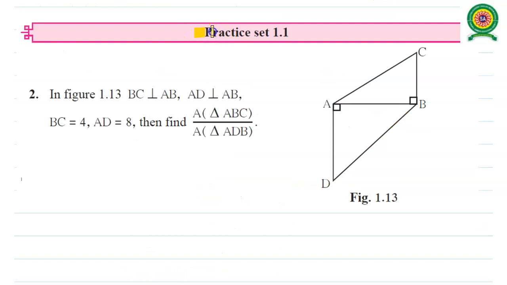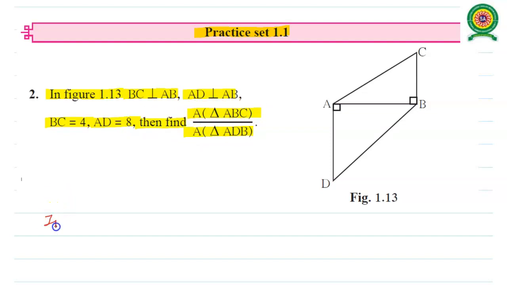Now look at question number 2 from practice set 1.1. In figure 1.13, BC is perpendicular to AB, AD is perpendicular to AB, BC equals 4, AD equals 8. Then find the area of triangle ABC divided by the area of triangle ADB.